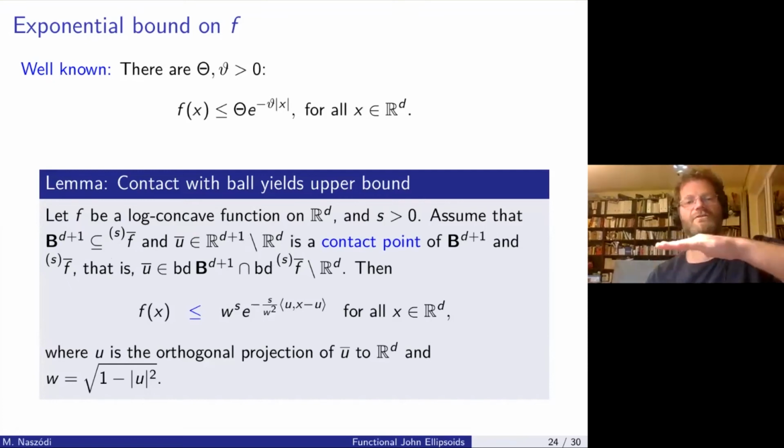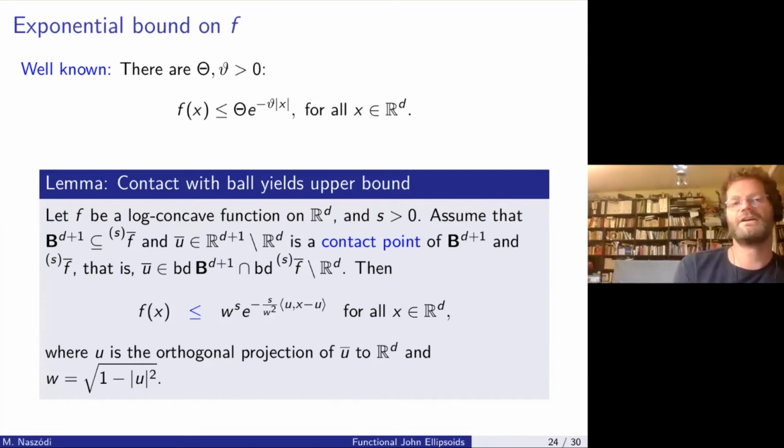It cannot be horizontal. So take a contact point of B^d and this S lifting of f. In other words, this is the contact point, but again, not horizontal. Then we have a bound, and you don't have to read this formula, I'll explain it in a second.